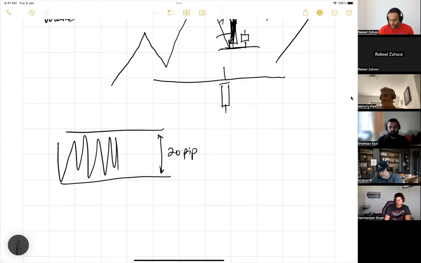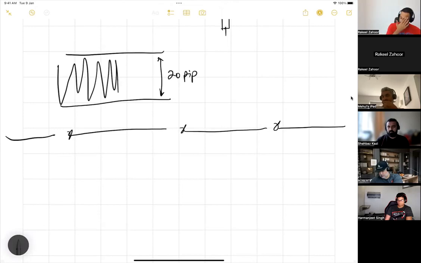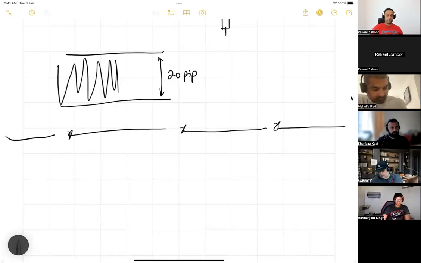Right. Let's talk about exhaustion candles. Yeah, let's talk about exhaustion candles right here now. What do you guys think are exhaustion candles? What's the first thing that comes to your mind when someone talks about exhaustion candles?